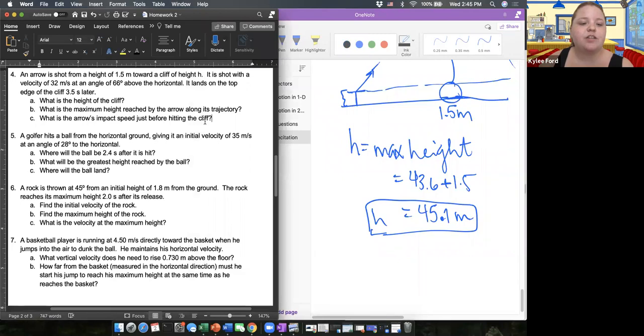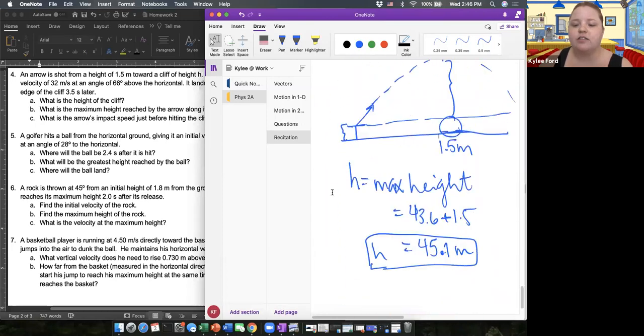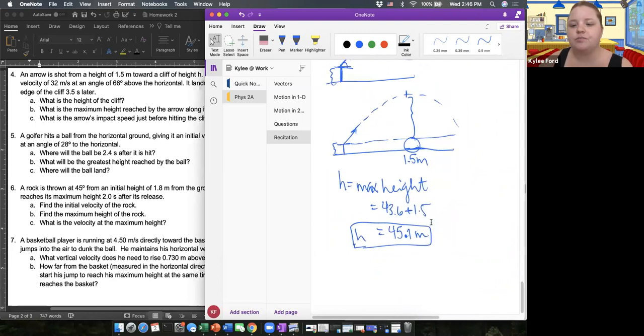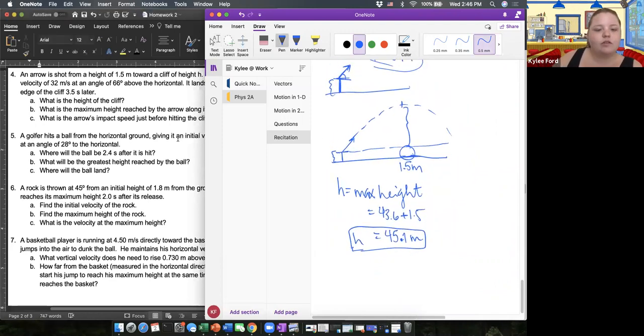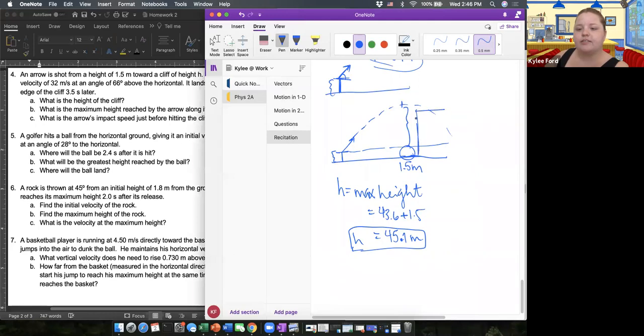And then it asks for the impact speed. That's going to be our final speed of the arrow before hitting the cliff. So it hits some cliff here and it stops, and that's at time t equals 3.5 seconds.